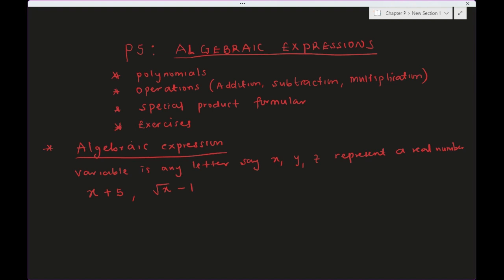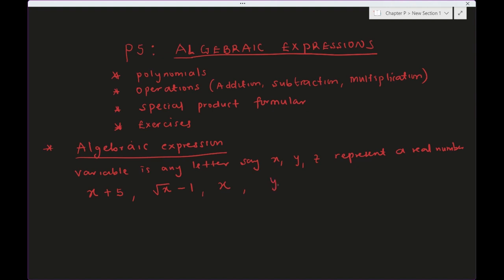This is also an algebraic expression. So for you to have an algebraic expression, you just need a variable. Then you could add any real number, or even just the variable itself is an algebraic expression. But here this variable represents a real number.